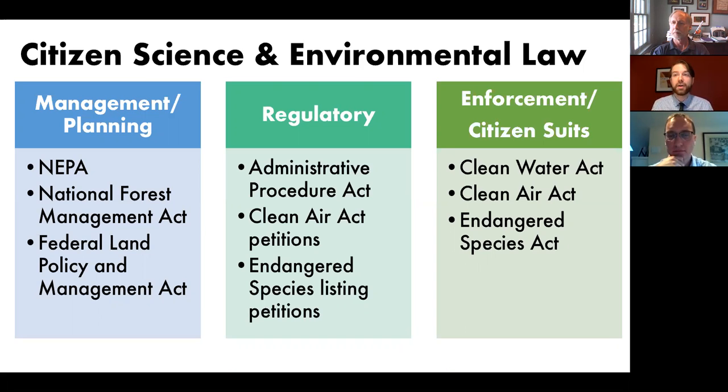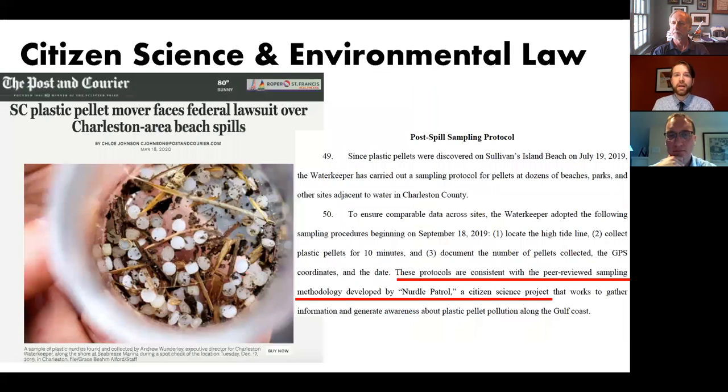And I'd like to give a current example. In March, the Charleston Waterkeeper Group brought a Clean Water Act citizen suit over plastic pellet pollution in Charleston Harbor in South Carolina. You see a picture here from the local newspaper of a member of that organization collecting data, doing citizen science. And then here I have an excerpt of the lawsuit bringing that claim, where they talked about their citizen science protocol that they used.